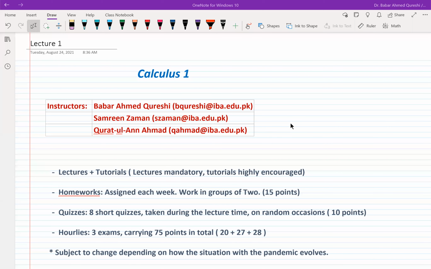All three of us are part of the team. If you bug them, Samreen and Kurtulan, they will help you a lot. That is their job, and they are also very much interested in helping students.